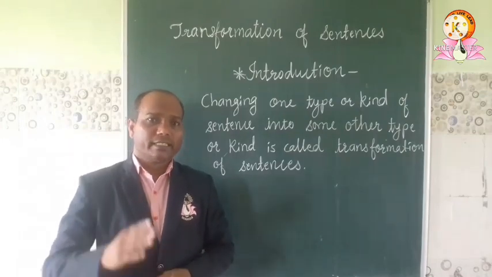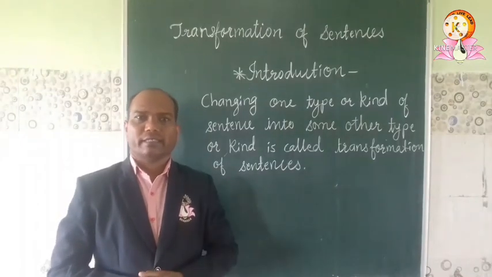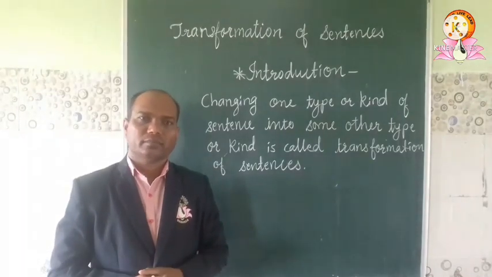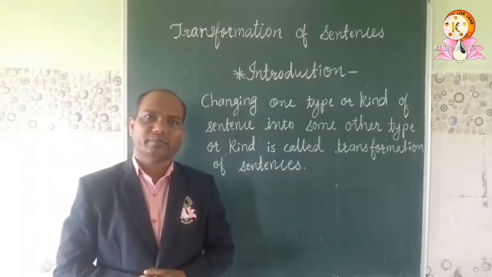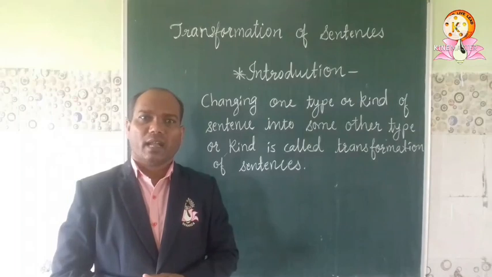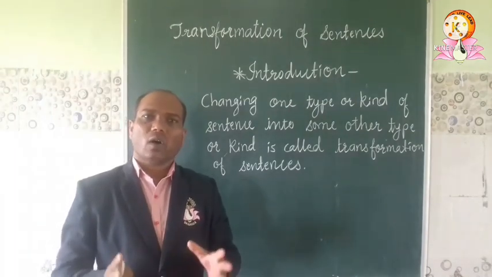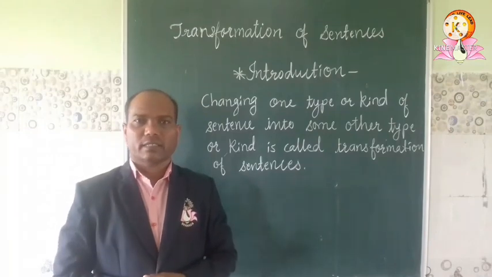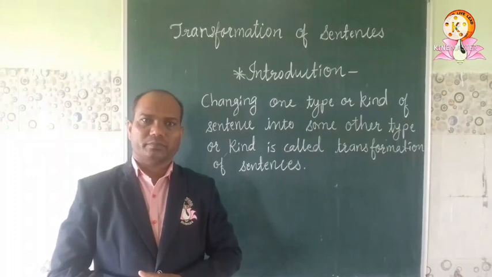A sentence is mainly divided into four kinds. They are assertive sentence, interrogative sentence, imperative sentence and exclamatory sentence. We have studied all these kinds of sentences with their examples in the previous chapter.